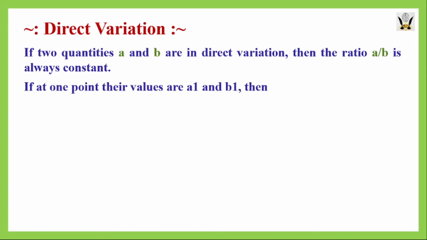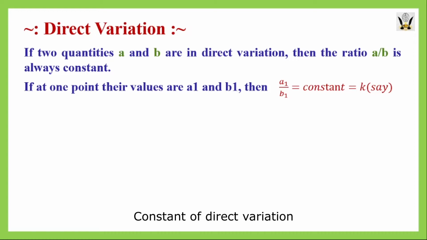At one point of time, if the values of A and B are A1 and B1 respectively, then the ratio A1 by B1 is always constant if they are in direct variation. That constant is denoted by K, and that is the constant of proportionality.